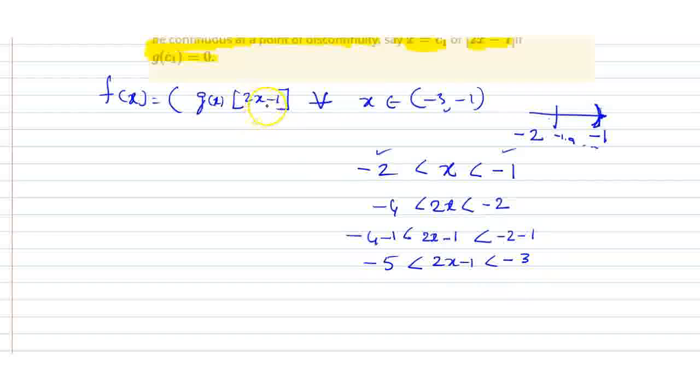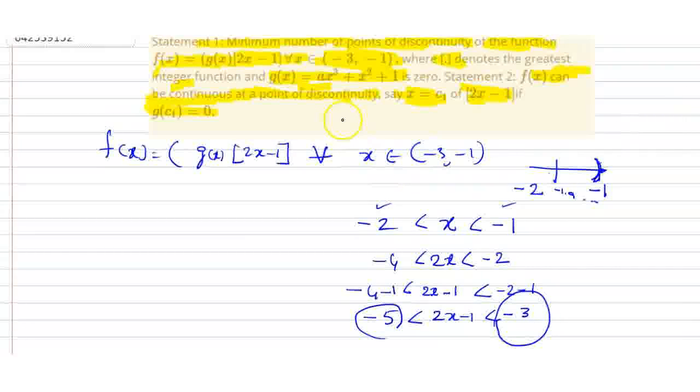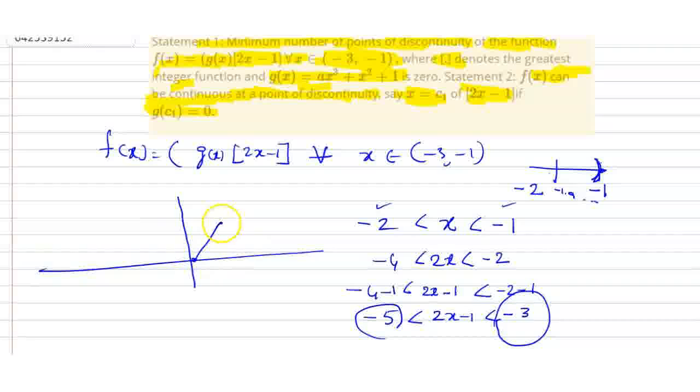If 2x minus 1 values are lying between this and this, what would be the values of f(x)? This is 2 into x minus 1, right? So what the question asked is discontinuity. Discontinuity will be there for the greatest integer function at all integers, you know that. If this is the greatest integer from 0 to 1, this part is excluded here.